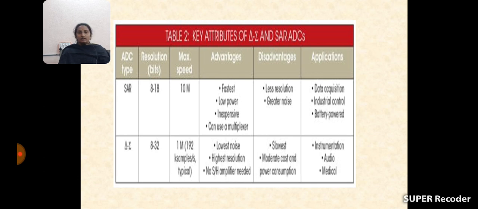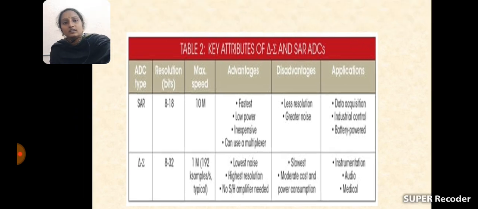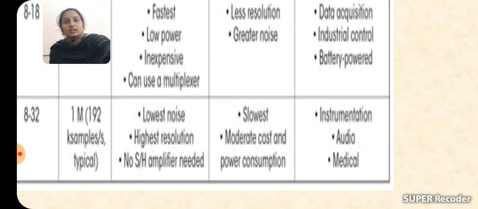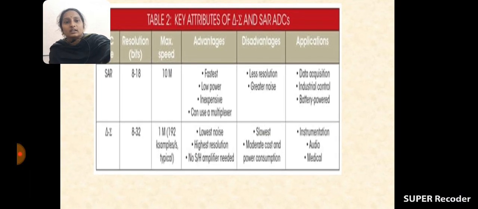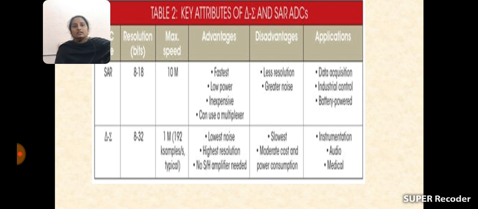Here it indicates 8 to 18, meaning 8 to 18 discrete steps are there.